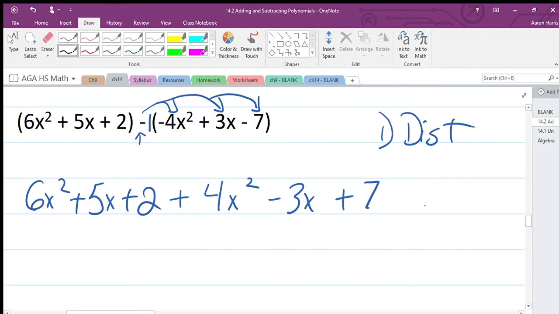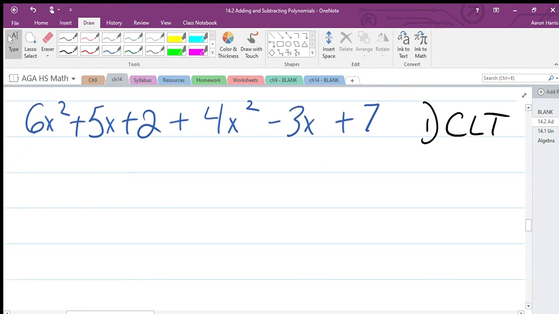So now all I have to do is what? Combine like terms. I know I've been separating the combine like terms into 2 different steps, but that's just right now so we can make sure that you understand exactly what to do. So here is an x squared. Here's an x squared. Notice I'm circling the sign that goes along with it, okay?